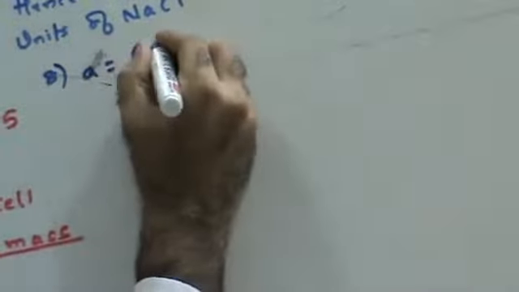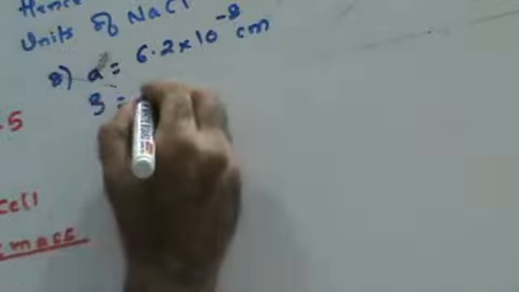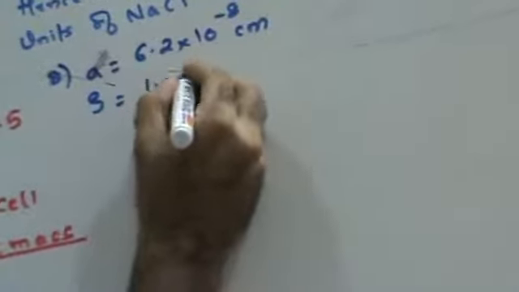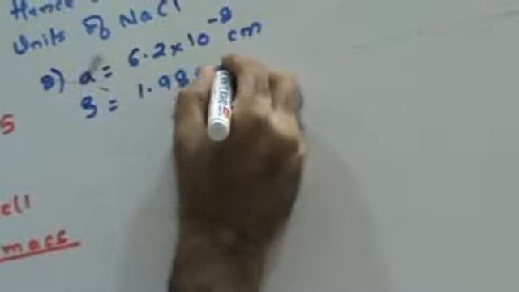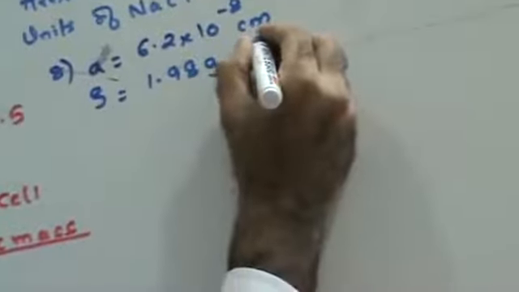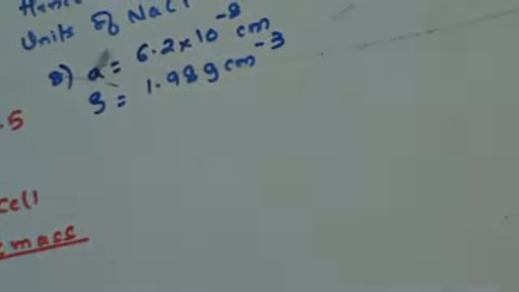The edge of a unit cell of potassium chloride is 6.2 into 10 raised to minus 8 centimeters, and its density is 1.98 grams per centimeter cube.